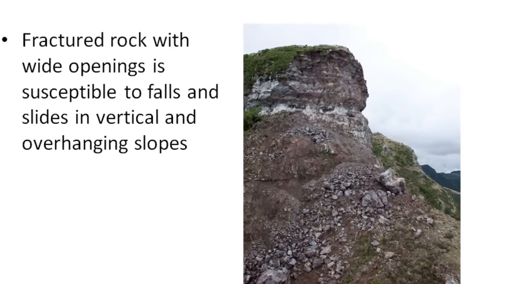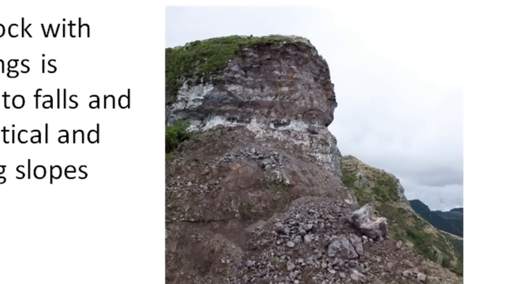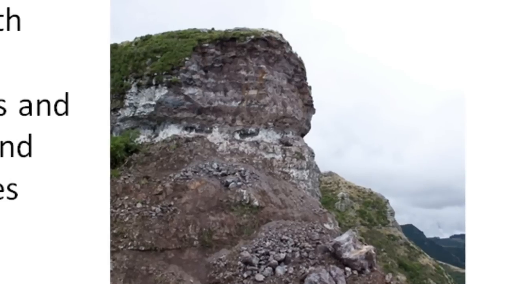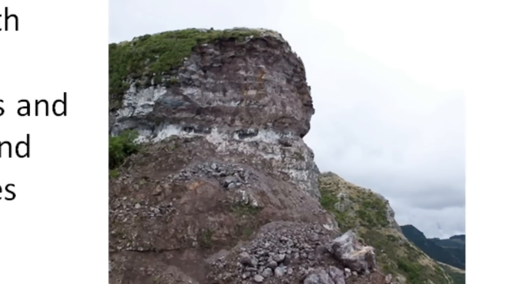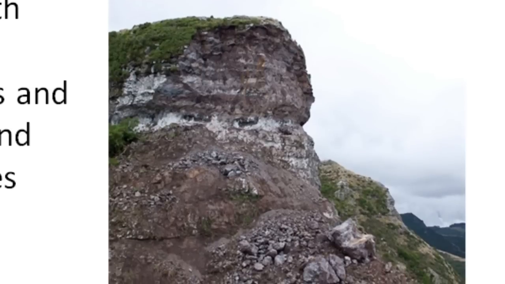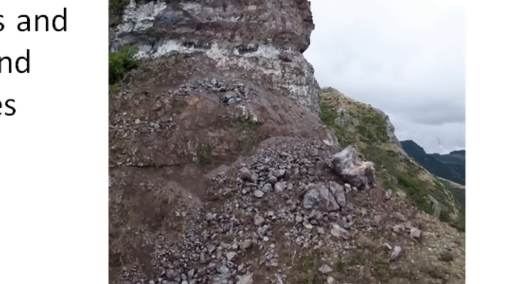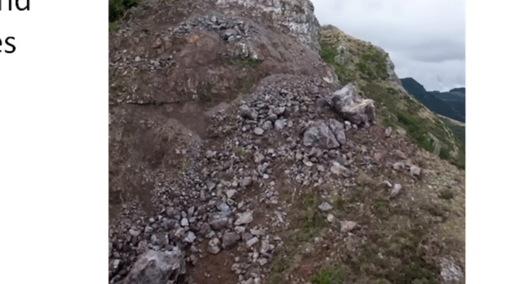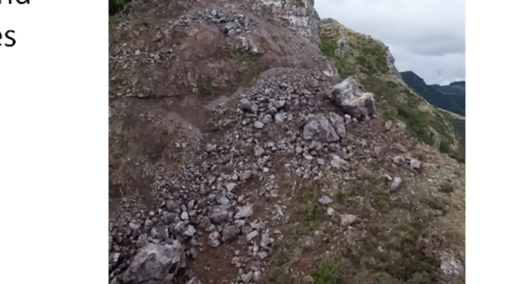And so this material, because of its nature, it'll stand up vertically, so it creates these nice vertical slopes, like in this figure here. But because it's got the fractures in it, it'll tend to rattle itself apart and lead, as shown in this figure here, to some failure and rock falls that will end up either at the bottom or start rolling down the slopes. And this is the source material for the rock falls that we've had coming through some of the neighborhoods in the lower portions of the Port Hills.